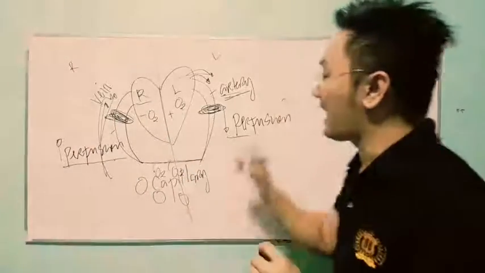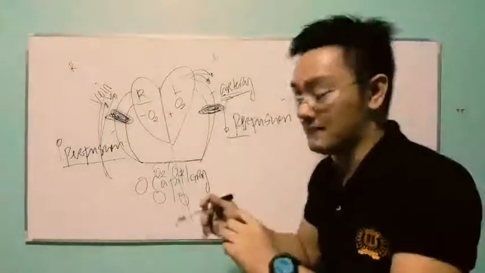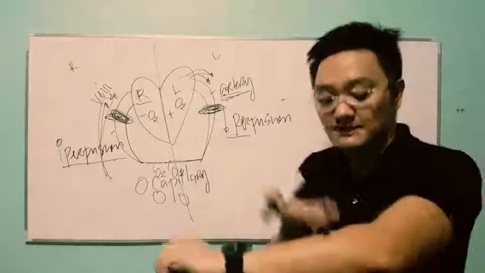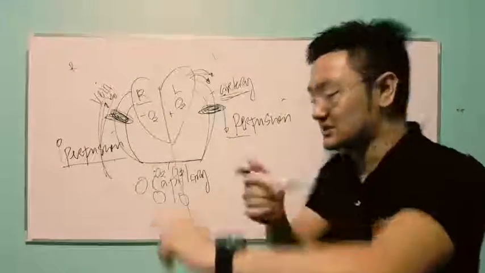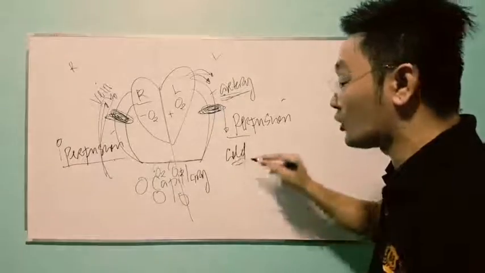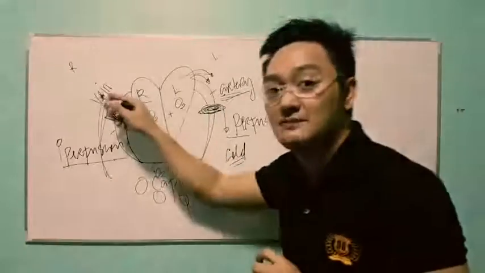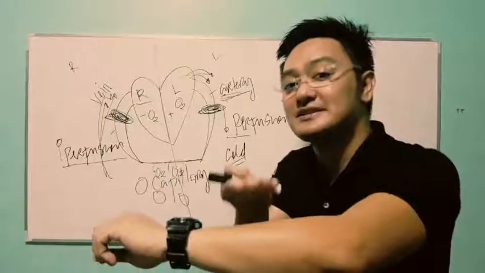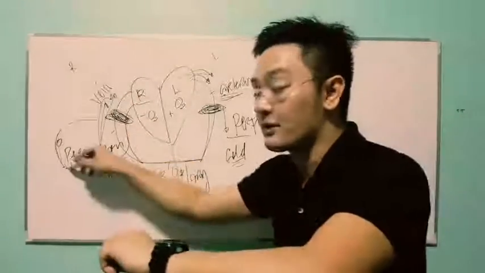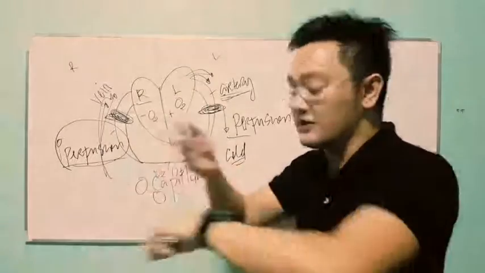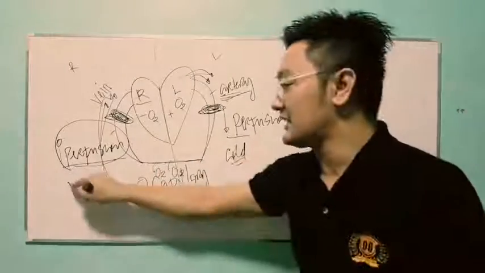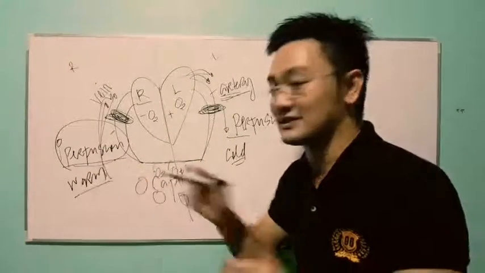That is why a patient with an arterial problem, because of a decrease in perfusion, if you try to feel the skin of the patient, the skin is cold to touch. Am I right? For a patient with venous obstruction, because of increased perfusion, there's pooling. If you feel the skin, it is warm to touch.